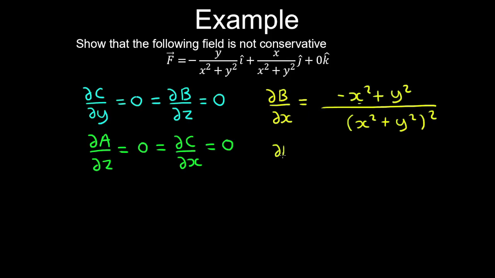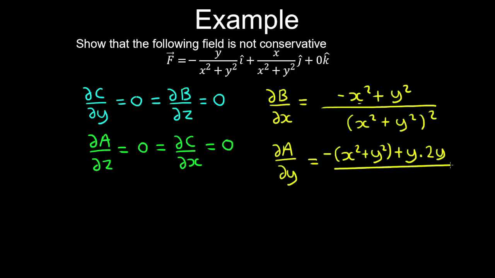And then we take the partial of a with respect to y. So we have low being x squared plus y squared, d high, which is minus 1, minus high being minus y, by d low with respect to y.